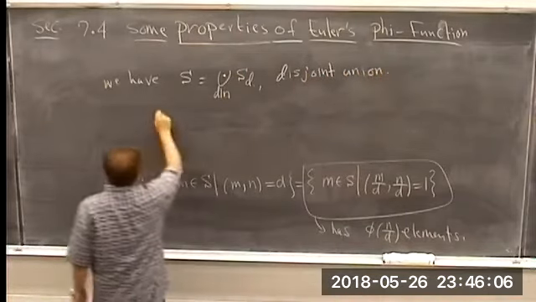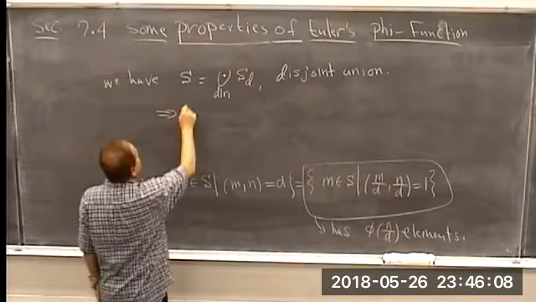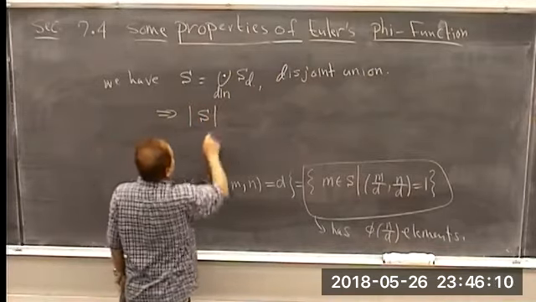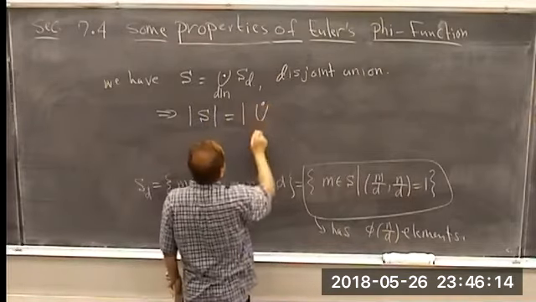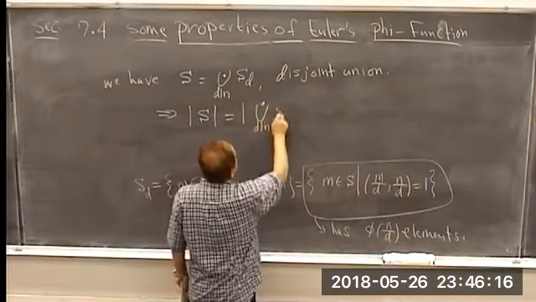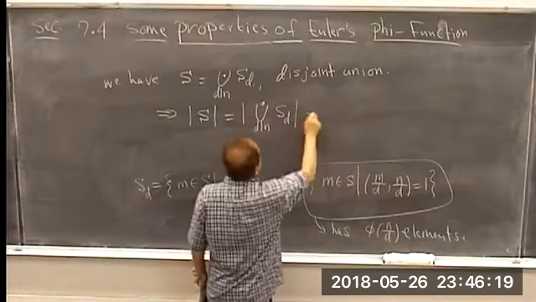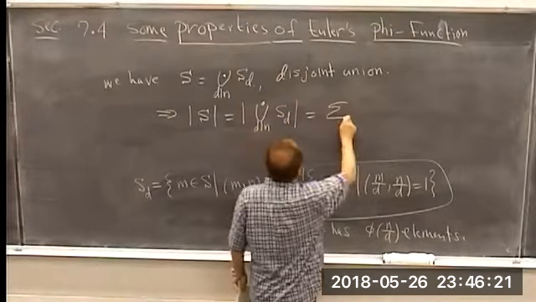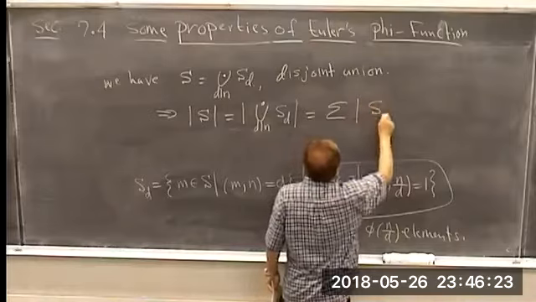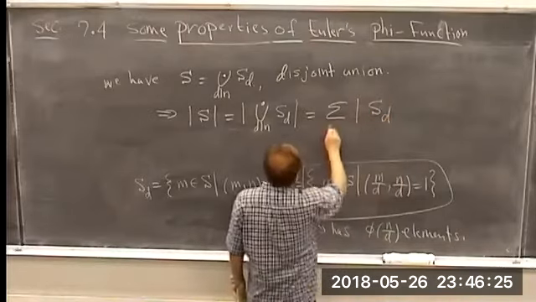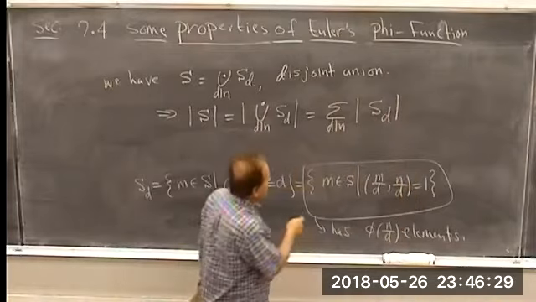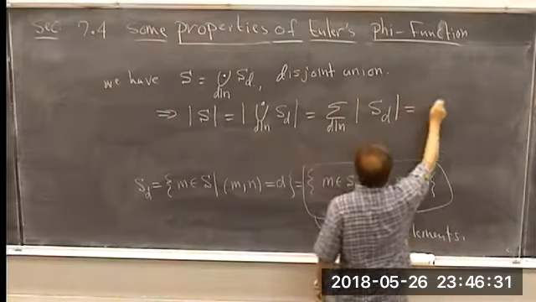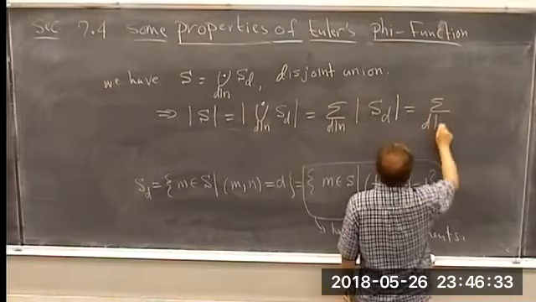And this implies that the number of elements in S is the number of elements in this disjoint union. And this one is equal to the sum of the sizes of S sub d, for d dividing n. But each one of these is equal to phi of n over d.